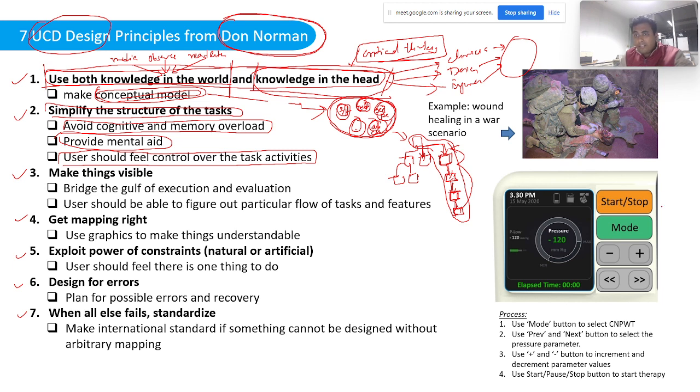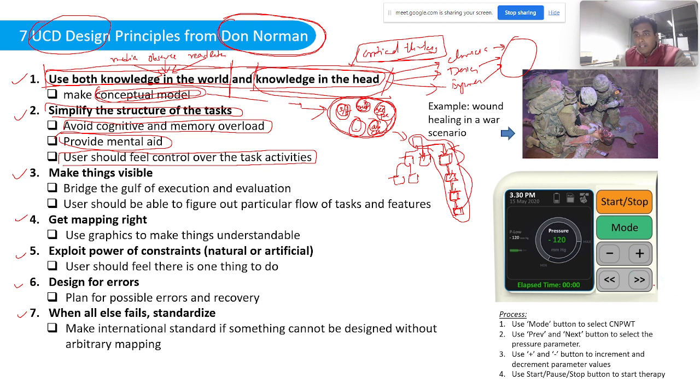Imagine if this device has some problem, and once he presses the button it automatically sets a mode and starts. Then the user will not feel in control of the device. For every feature that the device has, the user should feel control over its use.